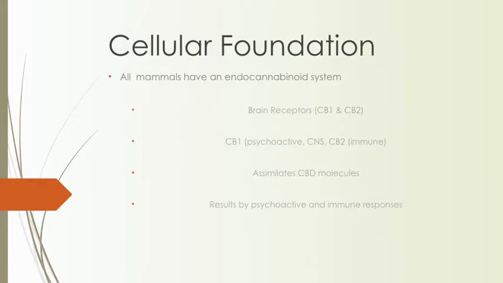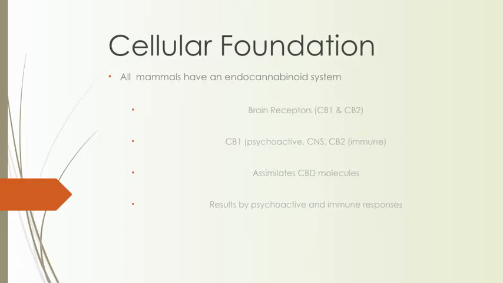So a little cellular foundation. Several years ago, I believe it was in the 90s, it was discovered that all mammals have what is called an endocannabinoid system. This system is composed of brain receptors, otherwise labeled as CB1 and CB2 receptors.